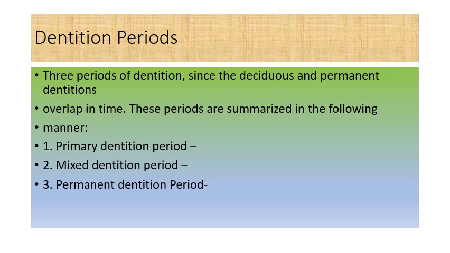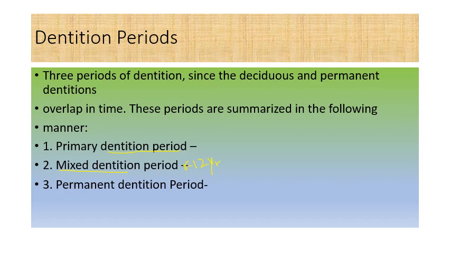Then we have the mixed dentition period that lasts from 6 years up to 12 years of age. When all our permanent teeth have erupted, the mixed dentition time ends.